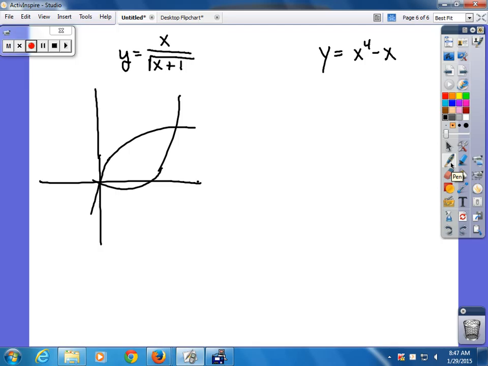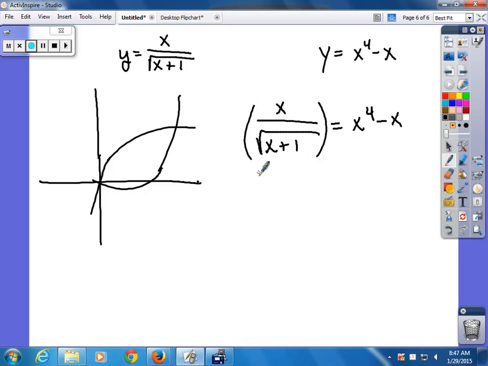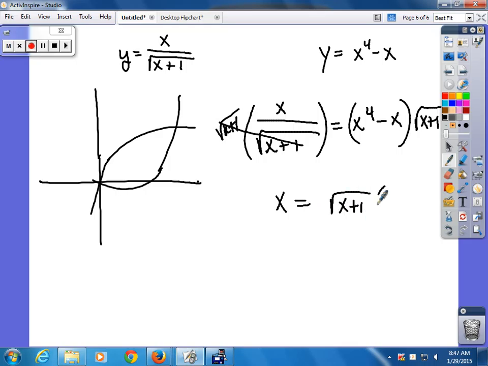Alright, so set them equal to each other. x over the square root of x plus 1 is equal to x to the 4th minus x. Multiply both sides by the square root of x plus 1 because I've got to get it out of the denominator, so you get x is equal to the square root of x plus 1 times x to the 4th minus x.